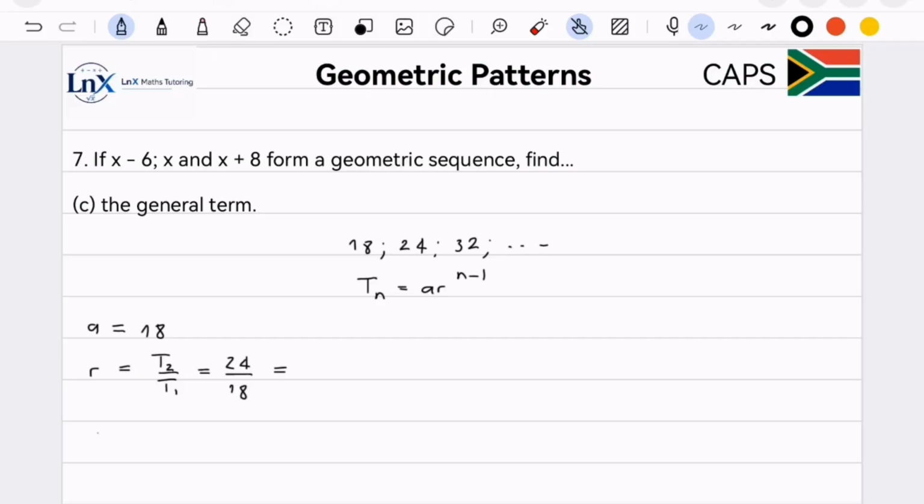So 6 into 24, that's 4, and 6 into 18, that's 3. So our common ratio is 4 over 3, right? Therefore, our general term is Tn equals A, which is 18, times our common ratio 4 over 3 to the power n minus 1. So our general term is as follows.